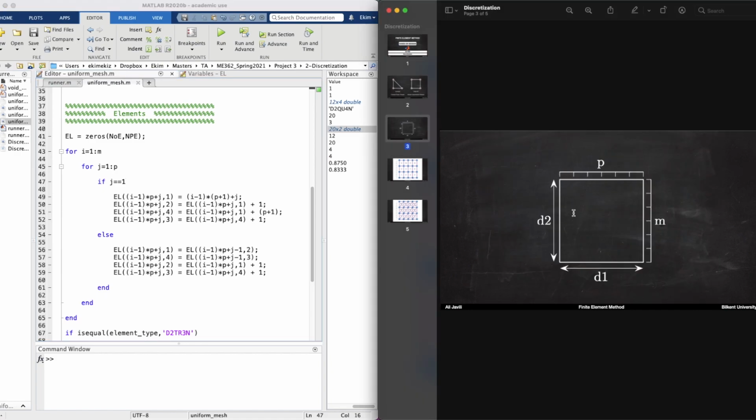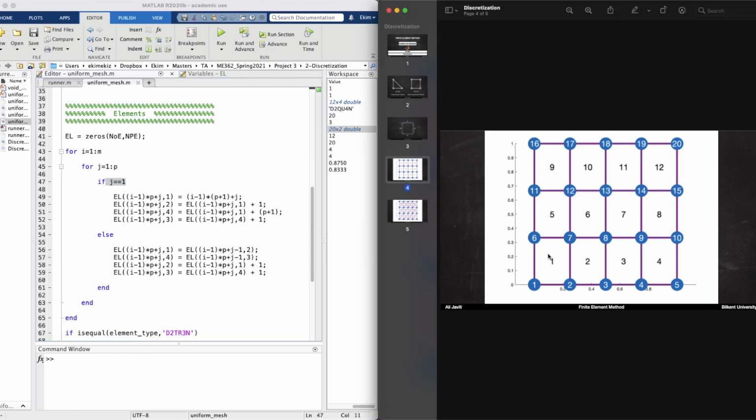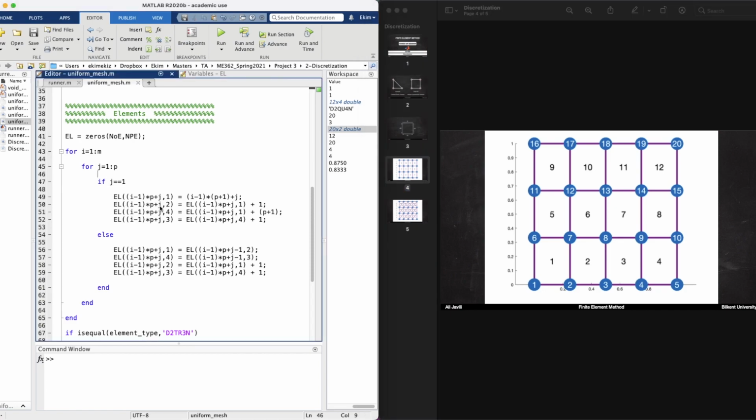So j counts our columns, right? So if j is equal to 1, we are always looking at the first element of a particular row. So if i is 1, we are looking at the first element. If i is 2, we are looking at 5. If i is 3, we are looking at 9. Okay? And so we can actually take a look at the indexes now.